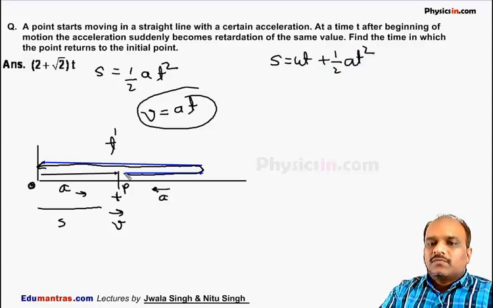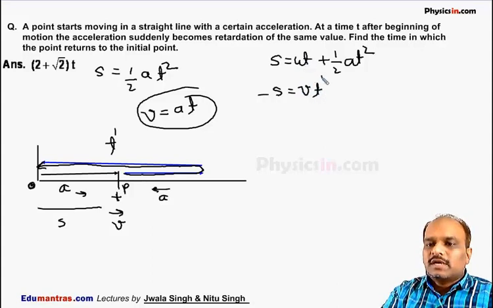We can say from P to O, the acceleration remains the same. The displacement is minus s, because the particle goes backward from here, so it is minus s, which is equal to ut, where u is v and t is t dash, minus 1 by 2 a t dash square, because the acceleration becomes retardation.